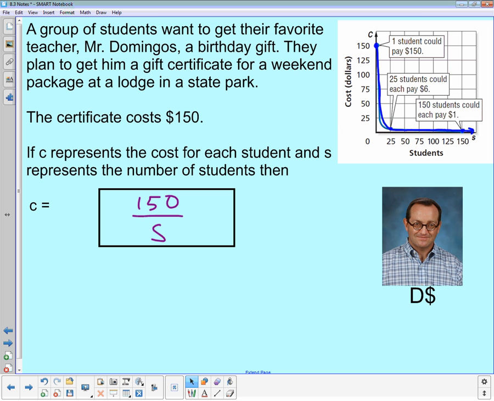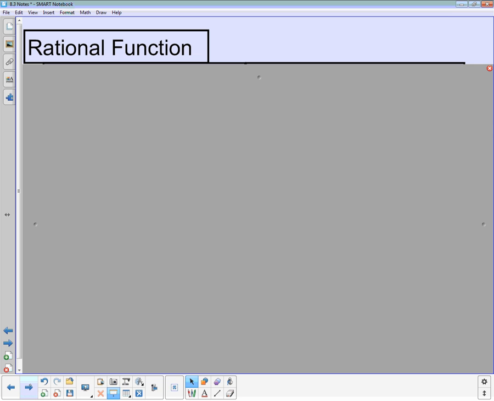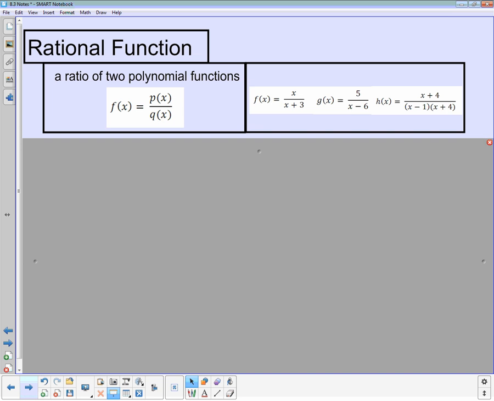Now, I want to start by giving you some terms to talk through. Rational function. A rational function is a ratio of two polynomial functions. So I'd have some function f of x where I have a polynomial on top, p of x, and a polynomial on the bottom, q of x.